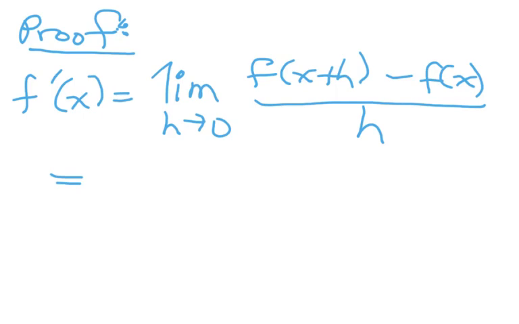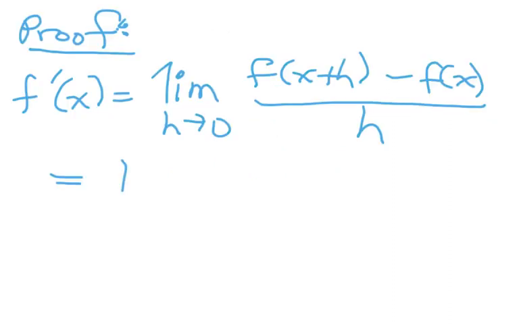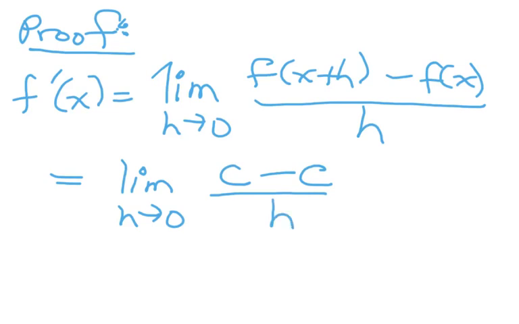For our function, everywhere we had an x, we're going to replace it by x plus h in a bracket. However, there is no x here, so there's nothing to replace. In other words, the limit as h approaches 0 of f of x plus h is just c, and f of x is just c, all divided by h.